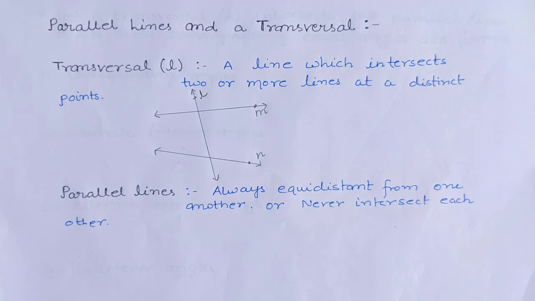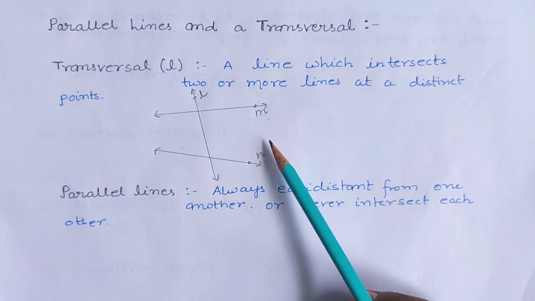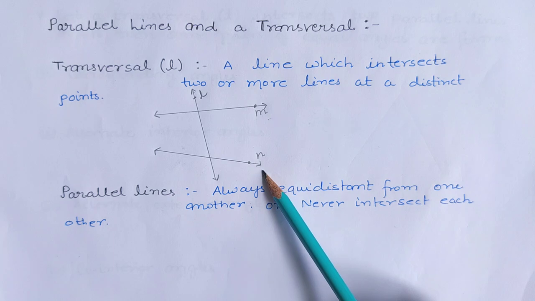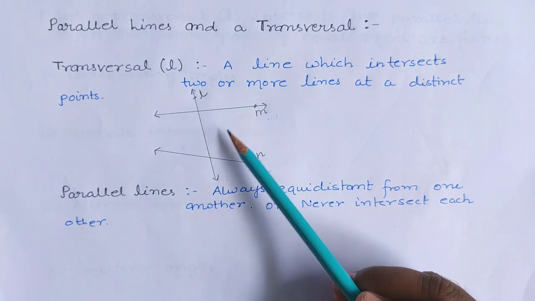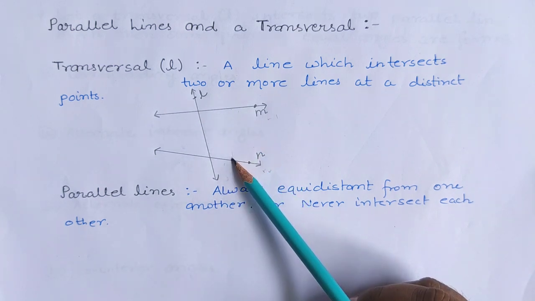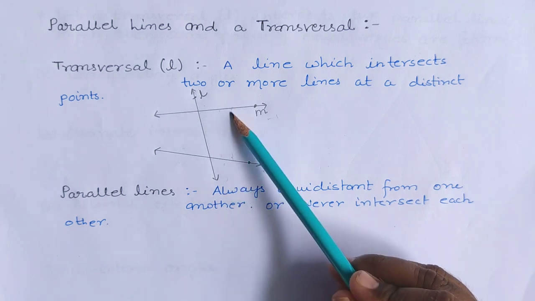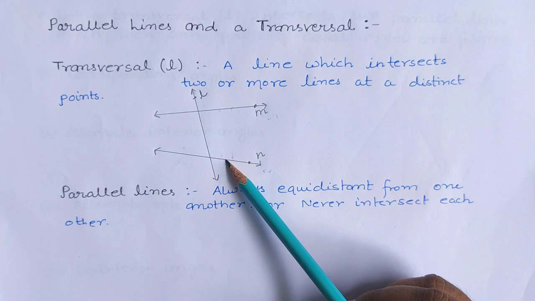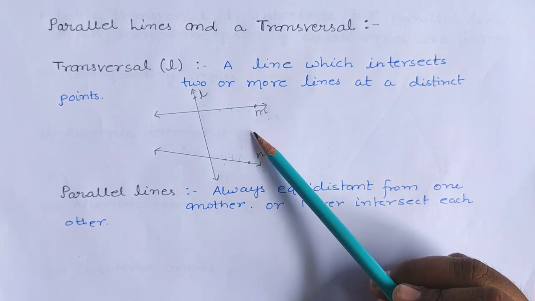Suppose here two lines are there, line M and line N, and one more line is there which is intersecting these two lines. This line intersects two or more lines. It is not necessary that it will intersect only two lines, more lines can be here.